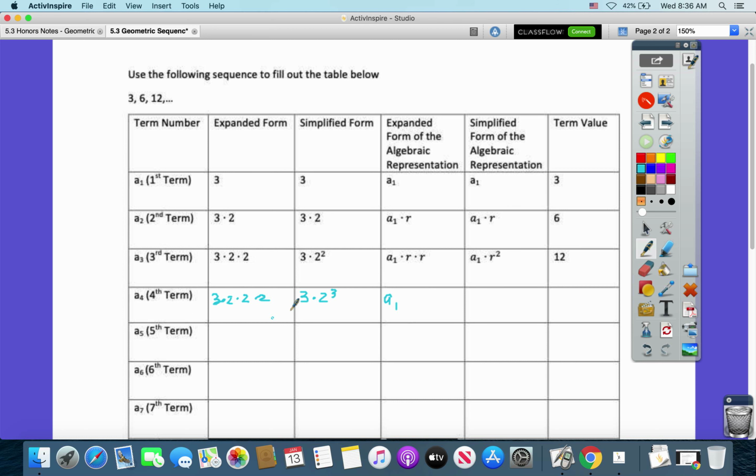And r is 2, so we can do times r times r times r. Again, simplifying that would just be a sub 1 times r cubed, and then the term value, if we look at this, 3 times 2 times 2 times 2 would get us this value of 24.